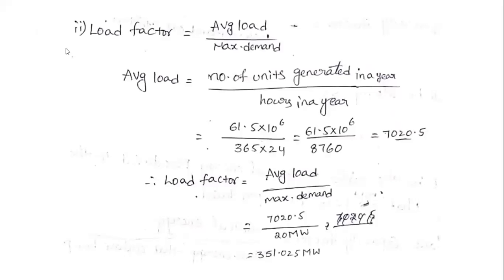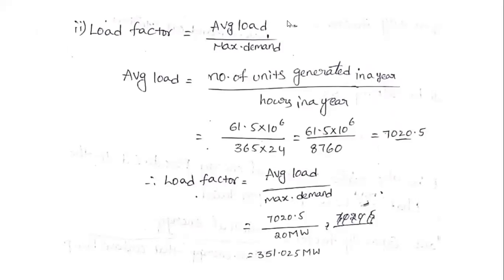Next, the second bit, that is the load factor. The formula for the load factor is average load by maximum demand. And the formula for average load is the number of units generated in a year by hours in a year.